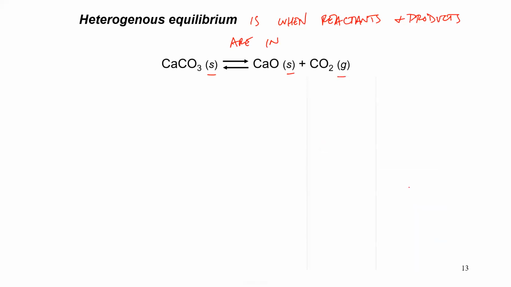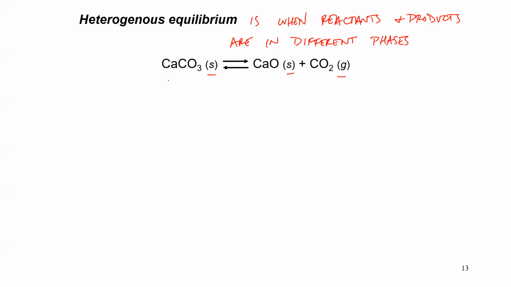I don't want you to think when I say different phases that the reactants have to be one and the products have to be something different. It can be, like in this example, the products are both a solid and a gas. Now, it works exactly the same way as it did for homogeneous equilibrium, with that caveat that I gave you about leaving out pure solids and pure liquids.